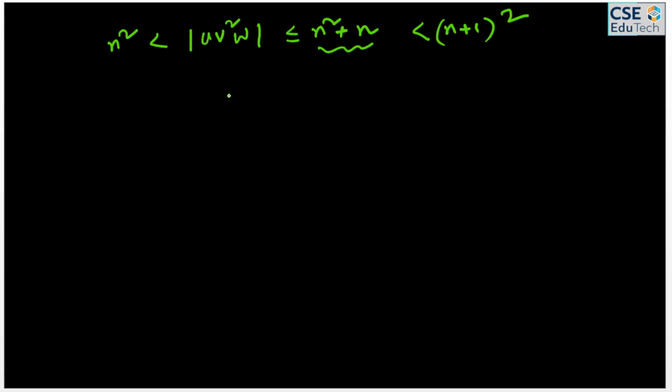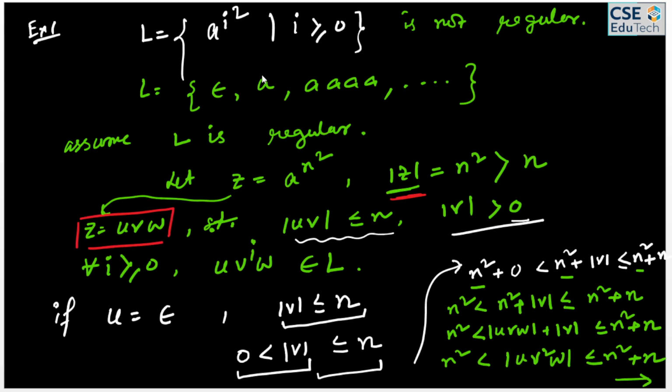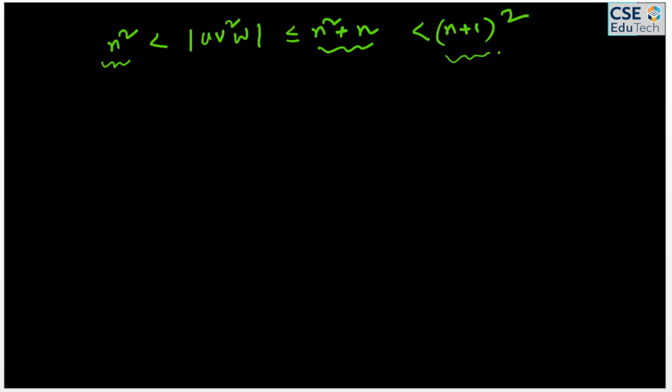Now look, it says that there is a string whose length lies between n square and (n+1) square. But in practice, from the language pattern a to the power i square, no string can have a length between n square and (n+1) square.